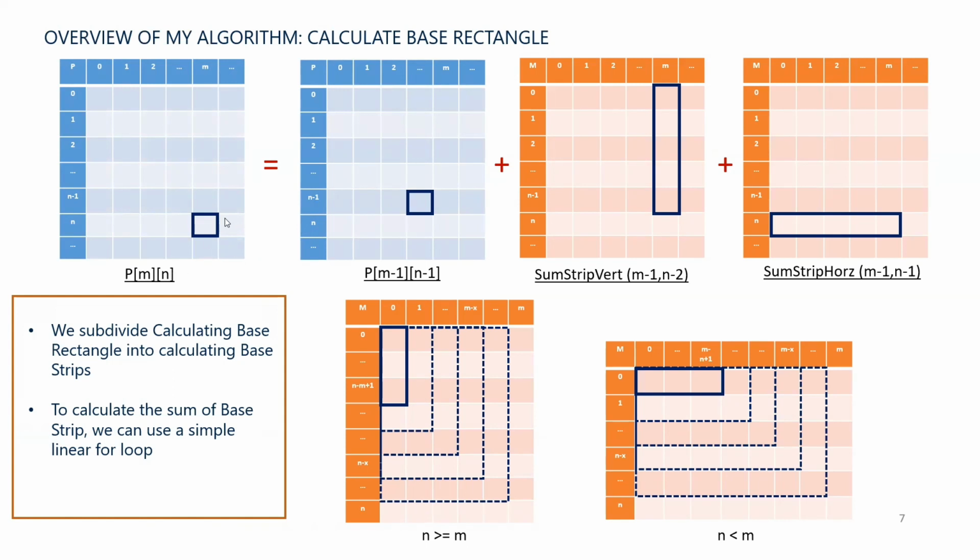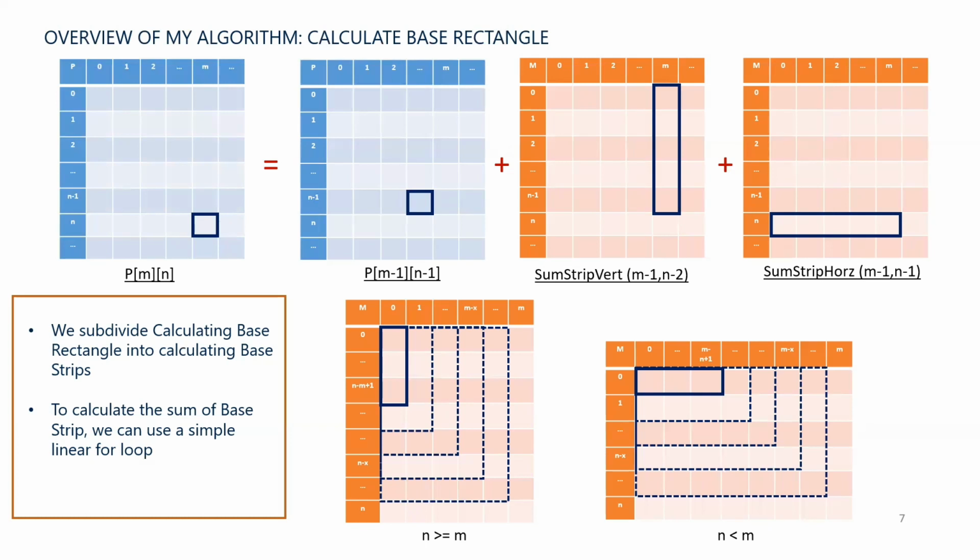To calculate P[M][N], we need to take P[M-1][N-1], which has already been done and filled in the matrix. It takes just constant time to reuse it. Then take this one plus this vertical base strip and this horizontal base strip.